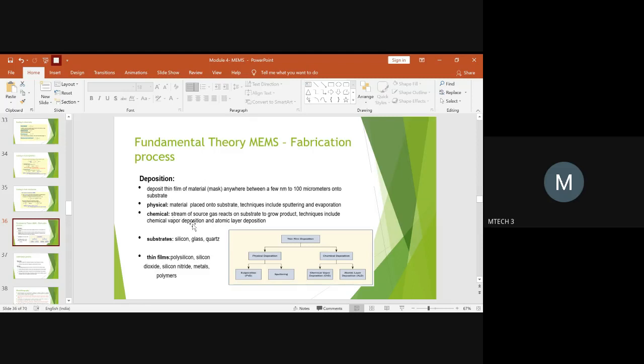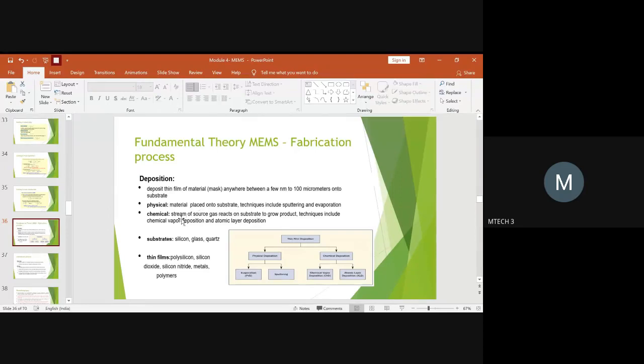This is the most commonly used method to apply a thin film on a substrate so that it gets solidified and you get the required film on the substrate. The other method is called atomic layer deposition. Okay, so these are the two common methods used to develop a thin film.